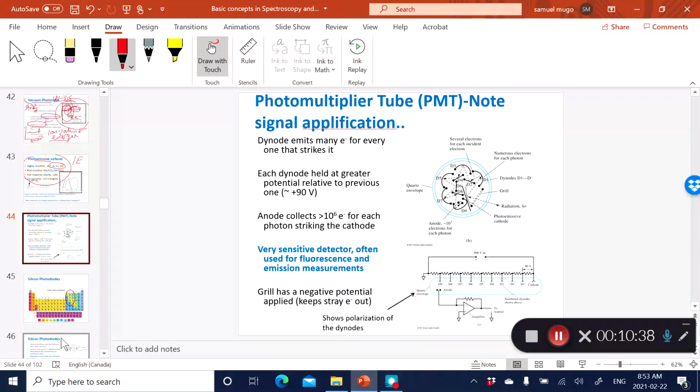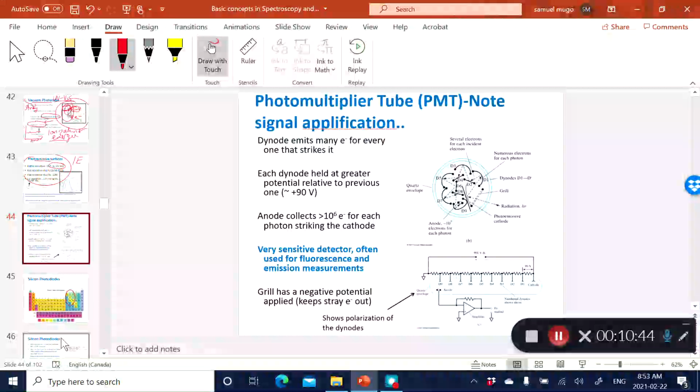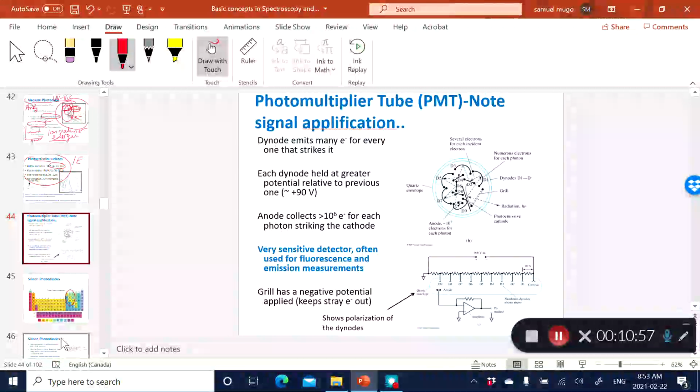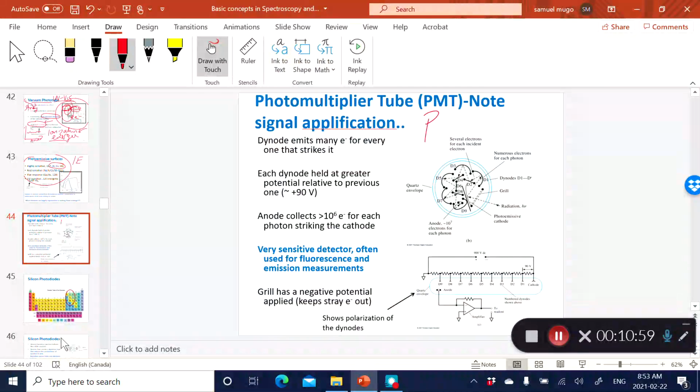Now, in most cases, we are dealing with very low amounts of light. Remember, the light source is monochromatic, right? You're dealing with, say, a hollow cathode lamp, or you're dealing with a laser. It's a monochromatic beam, so the photon energy is very, very small.